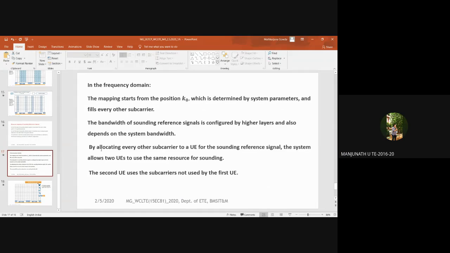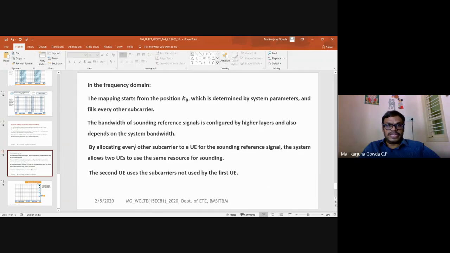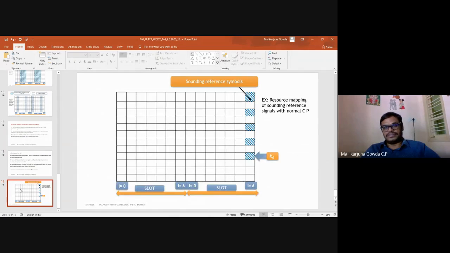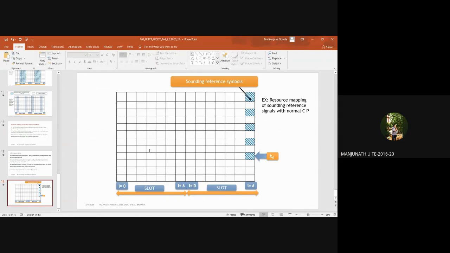Allocating every other subcarrier to the user equipment for the sounding reference signal, the system allows two user equipments to use the same resource for sounding. The second user equipment uses the subcarrier not used by the first user equipment. So you are asking why it is not shown in the first PRB, in the first slot.